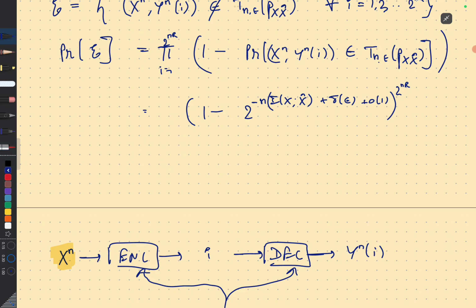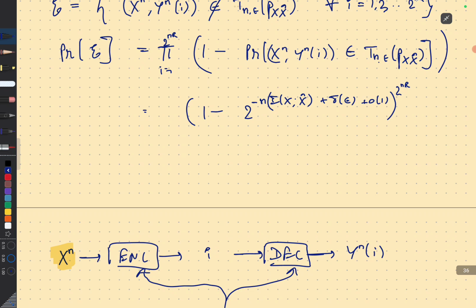We'll look at exactly what happens to the distortion in both these two cases. So this is going to be the probability that none of the code word sequences are jointly typical with the source sequence.